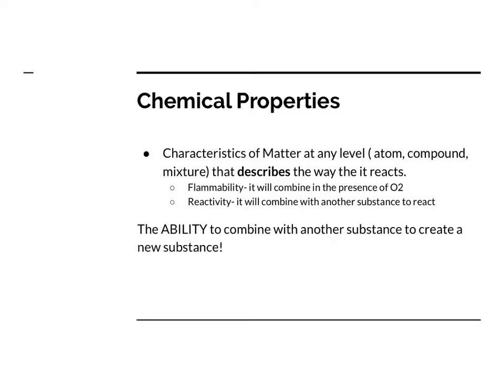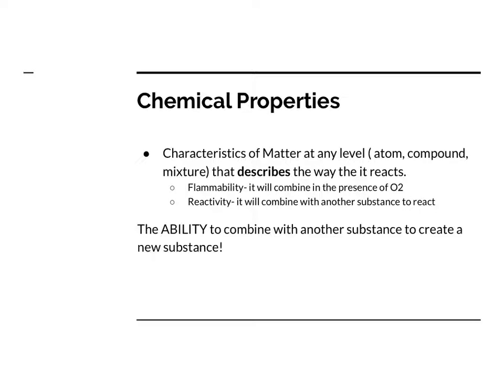Right now, we're just talking for chemical properties about the ability. So, can it react? Can it create flames and fire? So this is just asking the question, can some matter react or form a new substance?